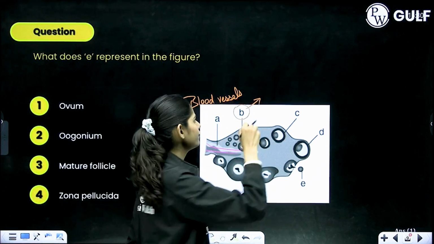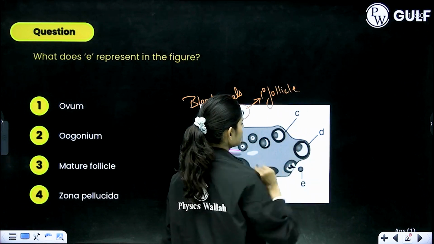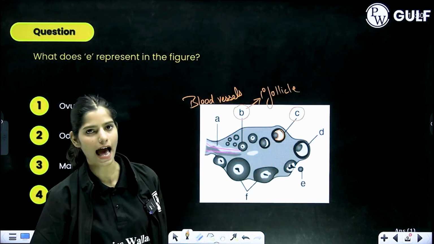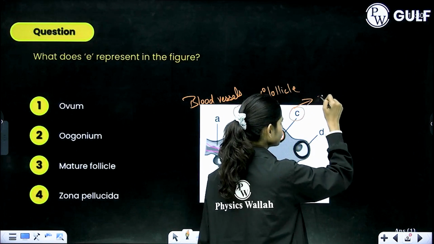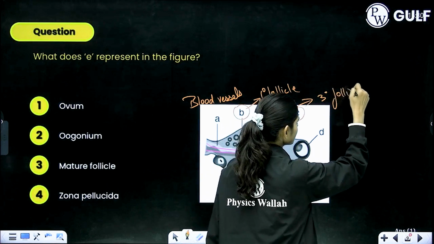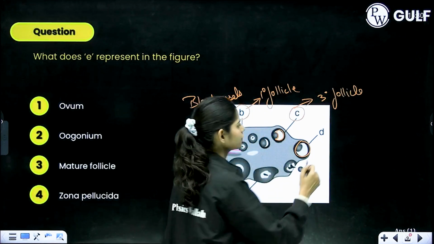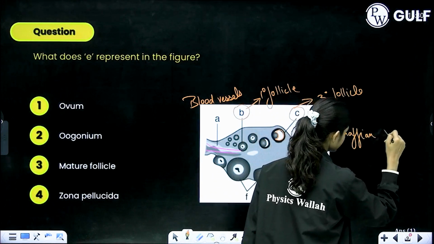The primary follicle. Then we have the C part, which shows this fluid filled cavity called the antrum, and we all know this is a characteristic of the tertiary follicle. Then we have this bigger follicle, which is called the Graafian follicle.